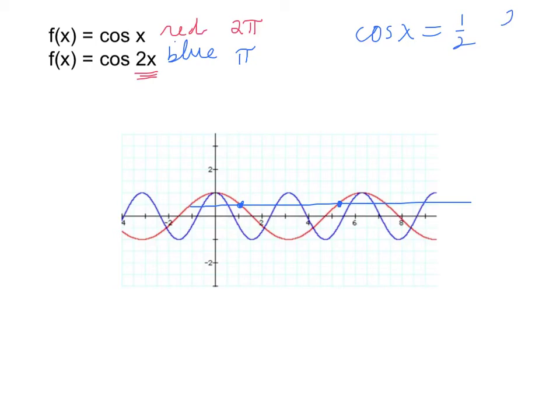So this will have 2 answers. But if I do the cosine of 2x equals 1/2, then this is the blue, so I would have this one, this one, this one, and this one. So in other words, I would have 4 answers, because its period is pi instead of 2 pi. All right, so on the next screen, we're going to go ahead and work some of these.